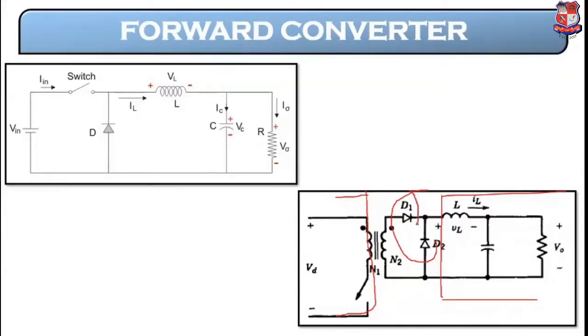If you see, only one diode, D1, is brought in, and that is the only change. This D1 is the only extra element added in addition to the isolation transformer. All other things remain the same as in the buck converter.